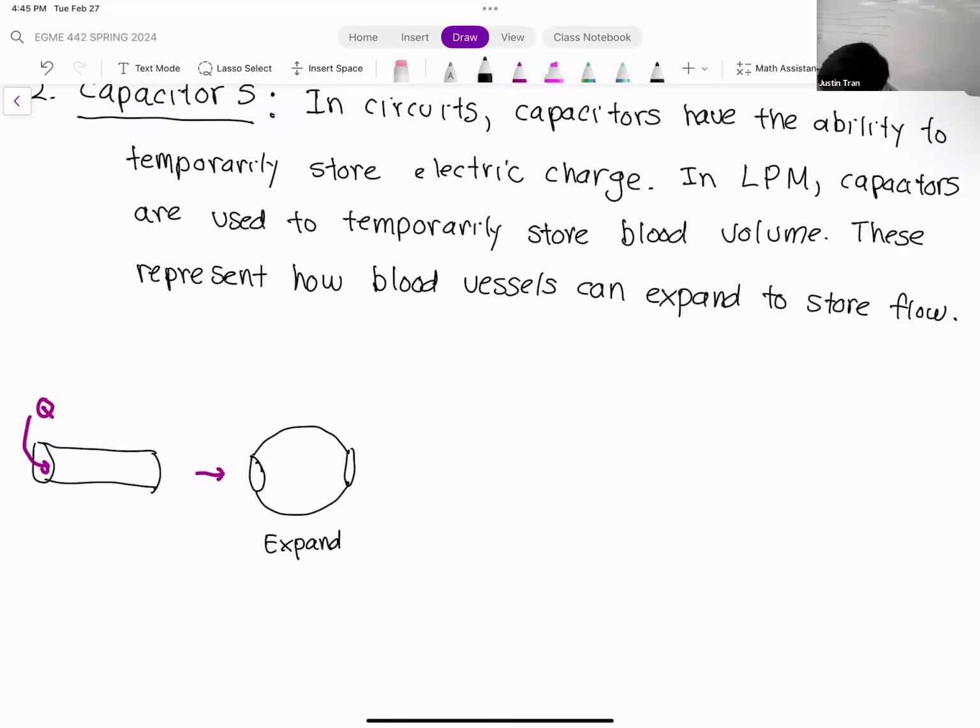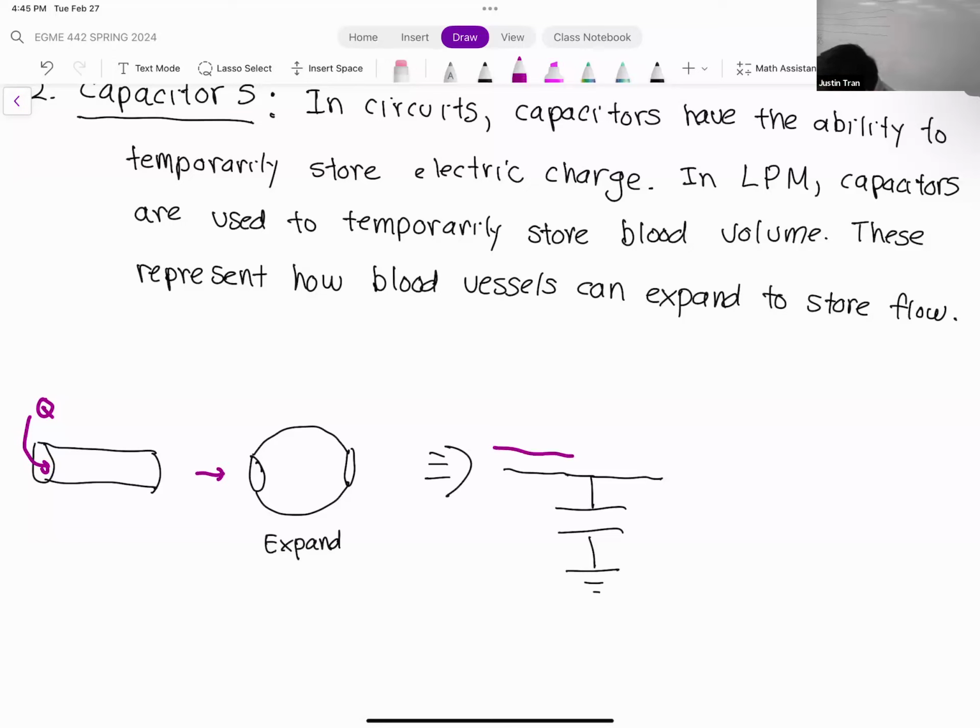If we draw the analogy, we have a capacitor. Traditionally, a lot of our capacitors here are linked to ground, because we mostly use them as temporary parallel storage for our flow.